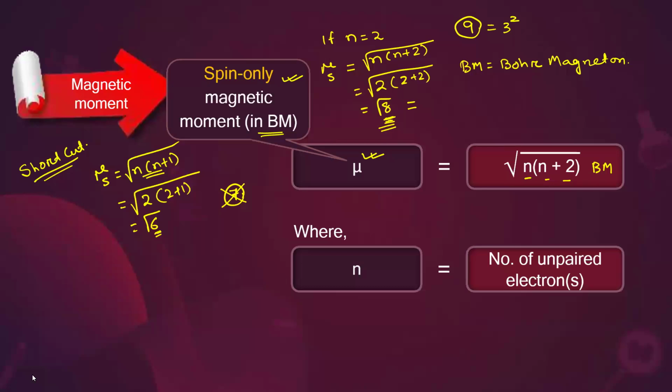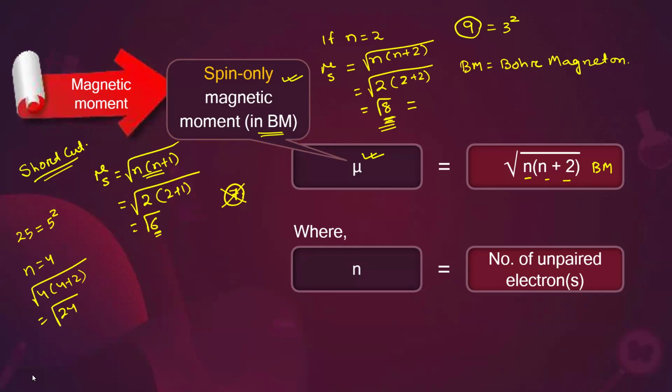Remember, if I am putting n is equal to 4, then I will get root over 4 into 4 plus 2. So it will come as 4 into 6, 24 root over. Its next number is 25, that is equal to 5 square.